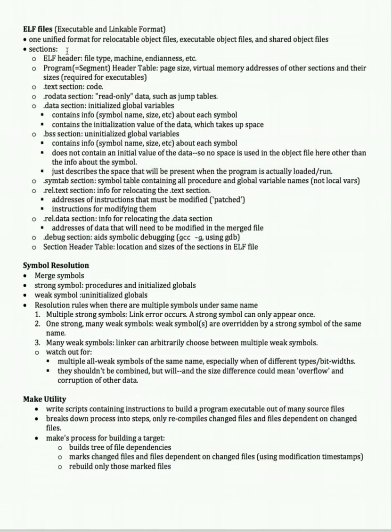The .rel.data section has information on relocating the data, as opposed to the code. And the .debug section has the debug information, which is populated by the -g option in GCC.